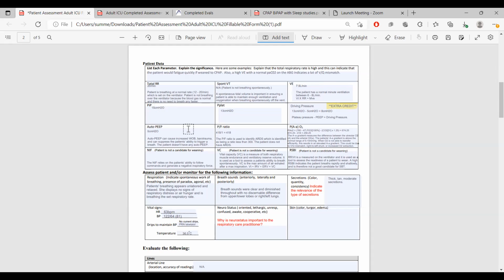We would be concerned with high peak pressures, because that would indicate perhaps they require more support. Yes, very good. So this is a good pressure, and we would be concerned if hers was much higher, because it would indicate that she would require more support and perhaps wouldn't be a good candidate off the ventilator because she wouldn't be able to maintain. Perfectly stated. Okay, good.